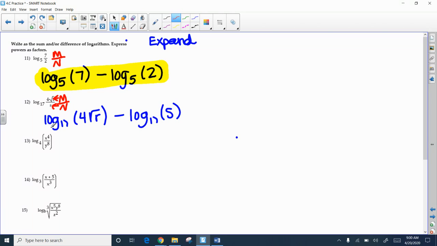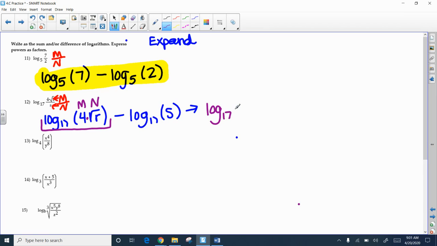Okay, now this still needs to separate more because right now it's 4 times square root of r. So this is in the form log base b of m times n. So the m is 4 and the n is square root of r. So when I separate that part, it separates to 2 logarithms with a plus sign in between.